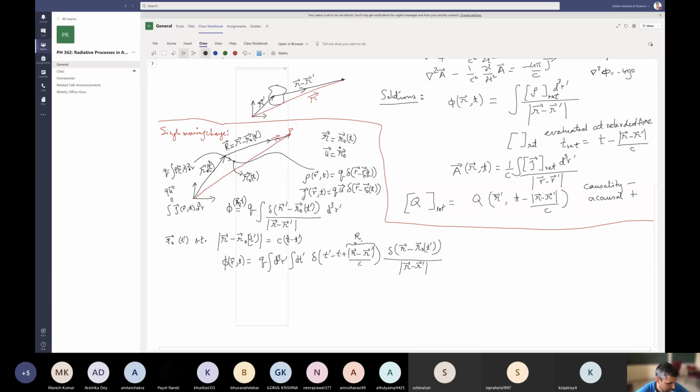Okay, and this of course is a function of t prime, because, just a sec, let me clarify.